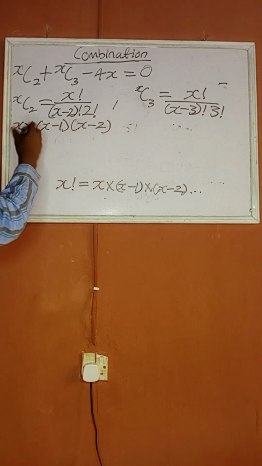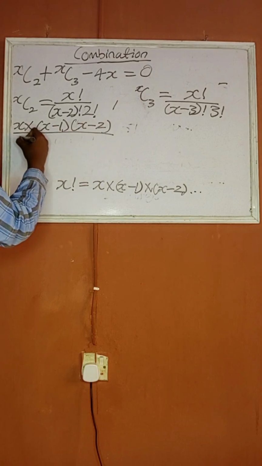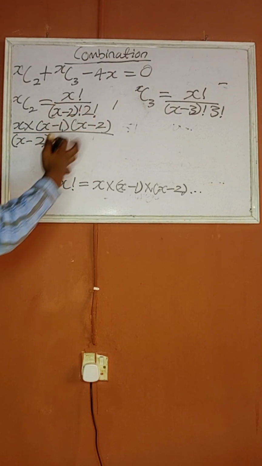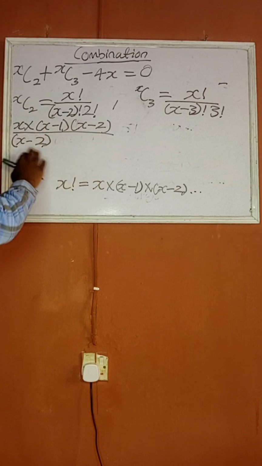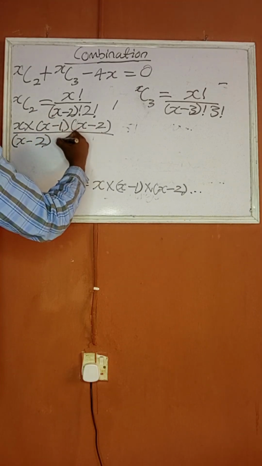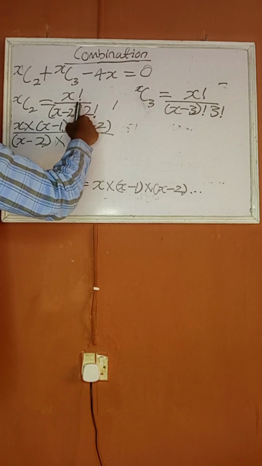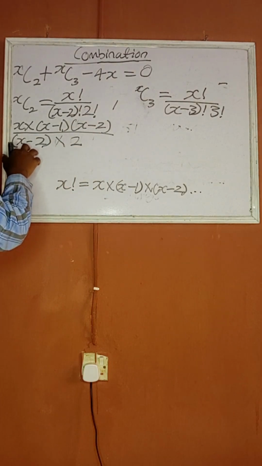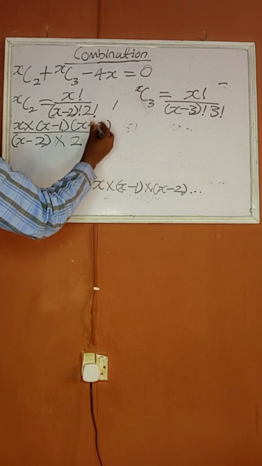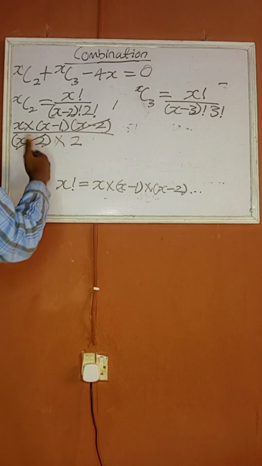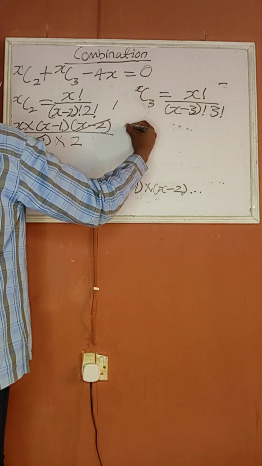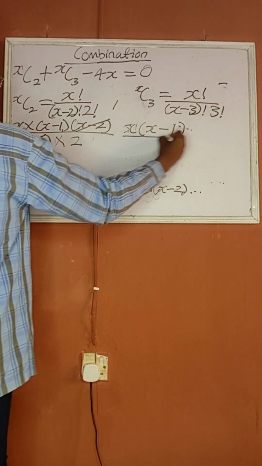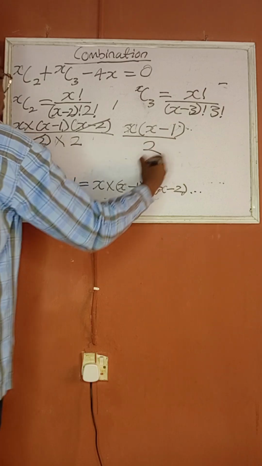That's why I'm going to stop. All over x minus 2, factorial x minus 2, which is x minus 2 times x minus 3, and so on. So let's just leave x minus 2 there, and then factorial 2 is 2 times 1, so that's 2. Since there's x minus 2 and there's x minus 2 here, they cancel out, leaving you with x times x minus 1 all over 2.